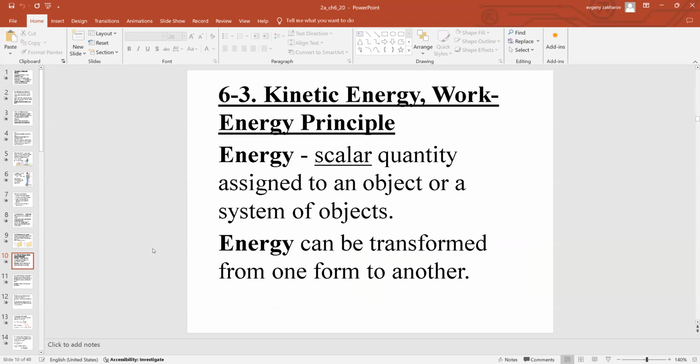Okay, so for that work, we have to connect that to energy transfer. So what is energy? Energy is just a number. Some textbooks would define energy as the amount of work that can be done by the system, but this is a violation of the thermodynamics definition for work.